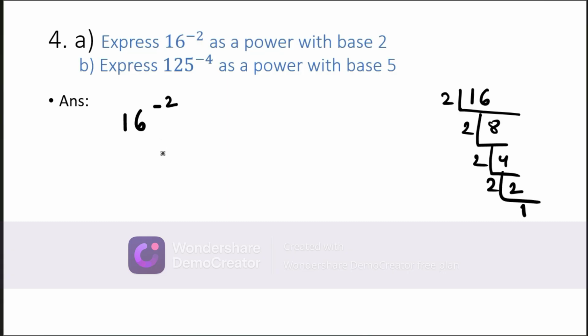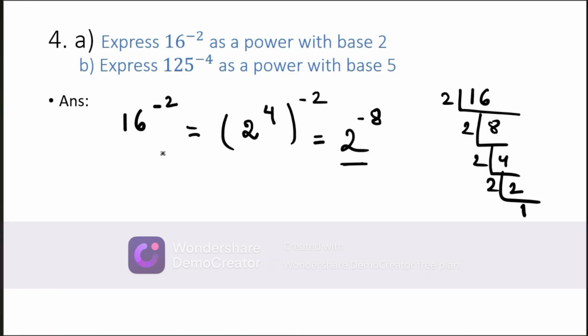So 16 equals 2 to the power 4. So (2^4) whole to the power -2. So 2 to the power 4 into -2, that is -8. Okay, so I express 16 to the power -2 as a power with base 2. Base is 2 and power is -8.